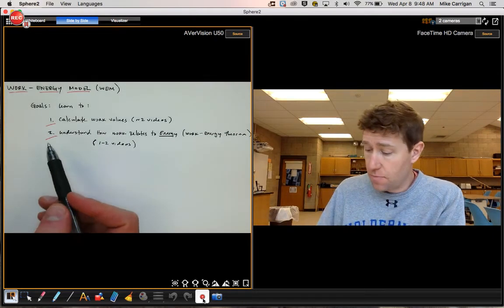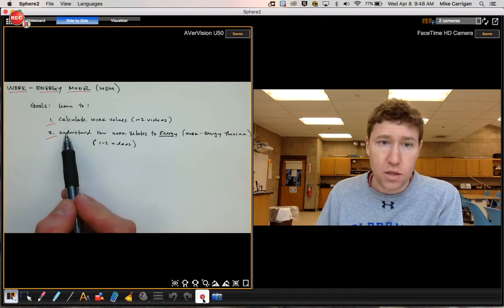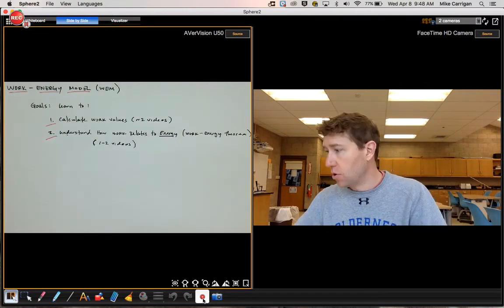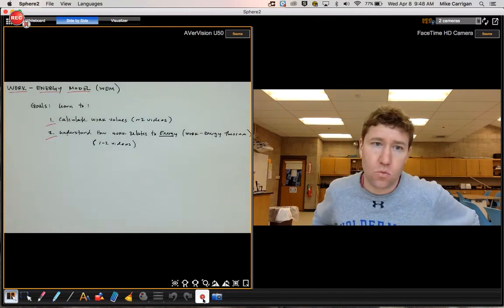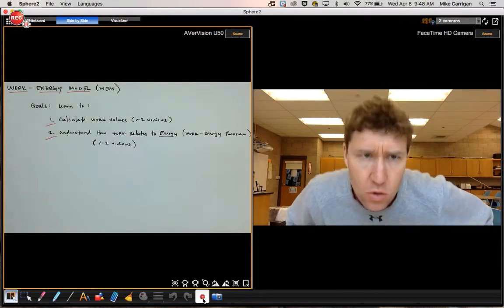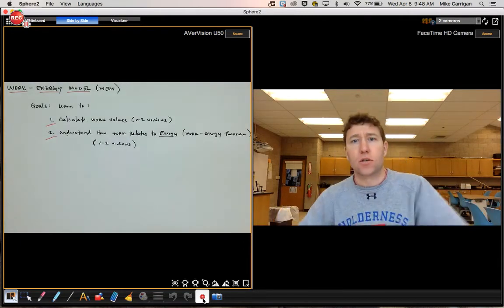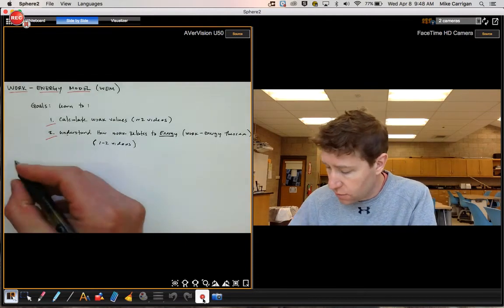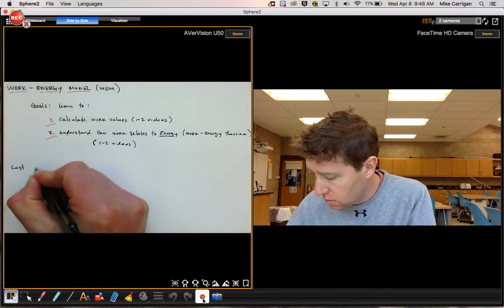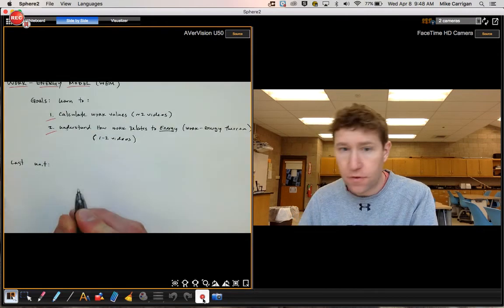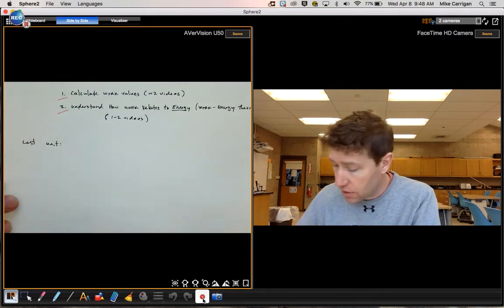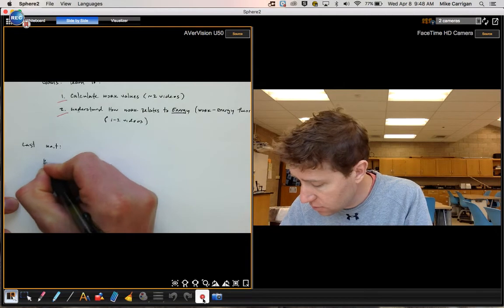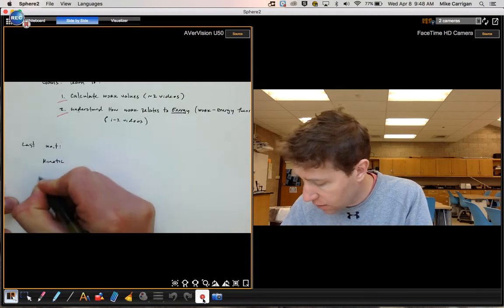I'm going to start big picture with the second bullet point here, trying to understand what work is. So we know a little bit about energy now. Our last unit, you'll recall, was about energy conservation. We learned that in terms of mechanical energy, we have two types of energy: kinetic energy and potential energy.